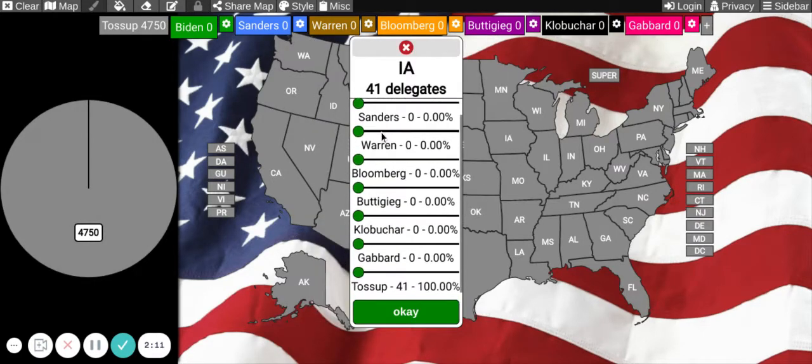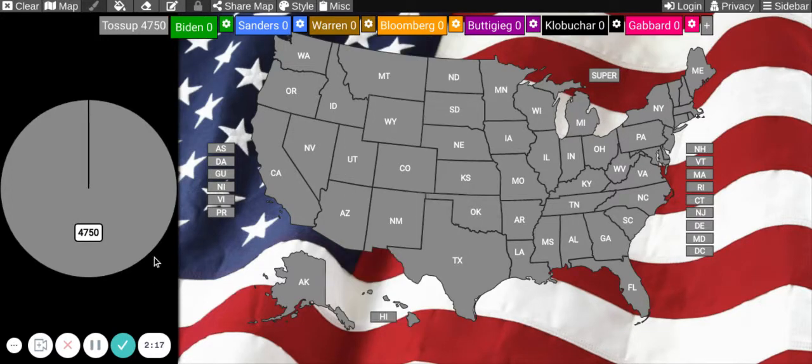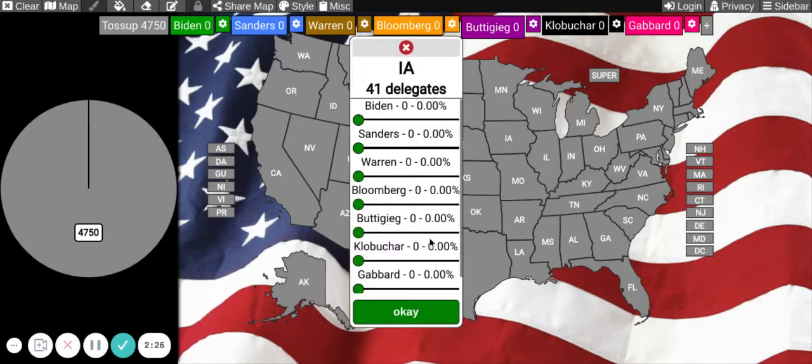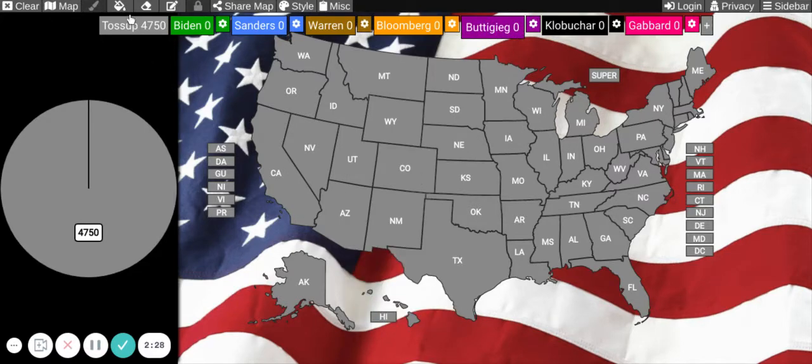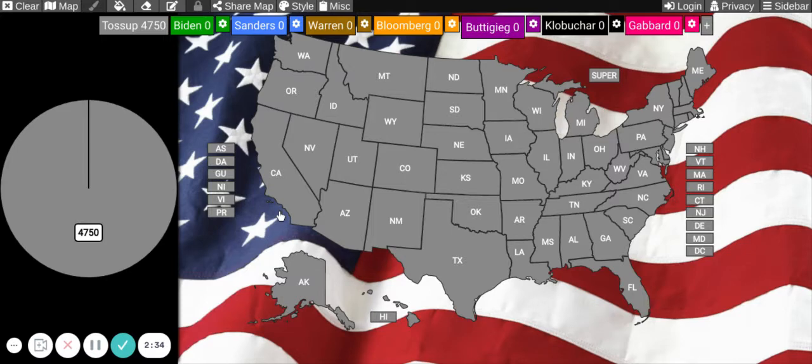So if I go here, 41 delegates, that's basically 41 electoral votes. Same thing, they have a required amount for each to win. And one thing you may notice is that these delegates are awarded proportionally.